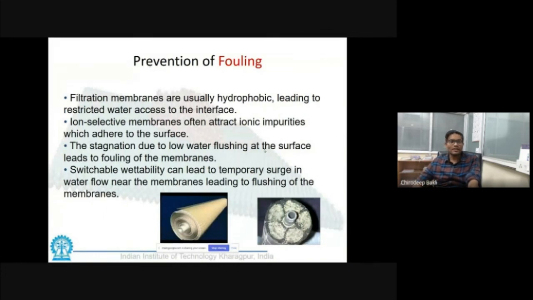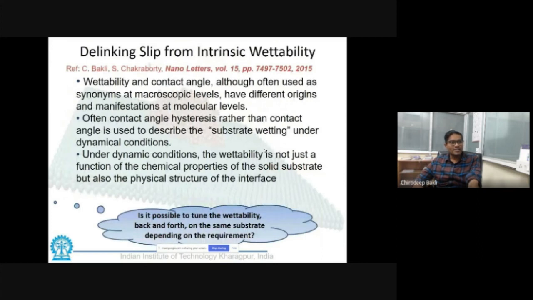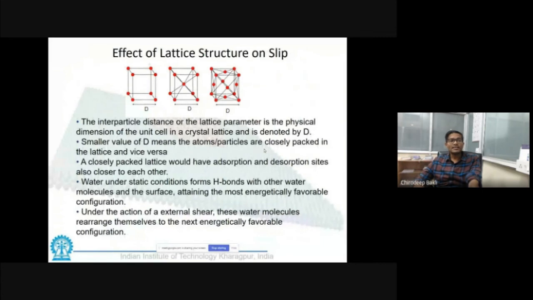The agenda of our work was to arrive at a surface which can be wettable at times and non-wettable at times. In order to do that, we tried to see how slippage occurs on a surface. That occurs by liquid water skipping from one lattice point to another.